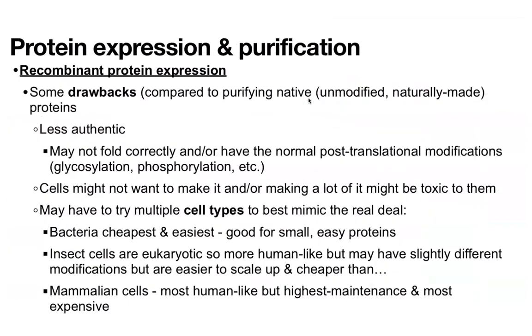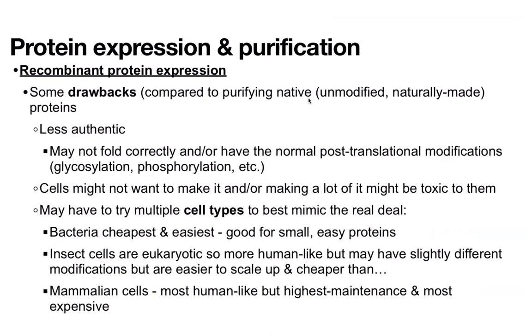But there are drawbacks if we compare this to just trying to purify the native, or unmodified, naturally made protein. It's going to be less authentic. It might not fold correctly, and it might not have the normal post-translational modifications. We'll talk more about post-translational modifications later in the course.